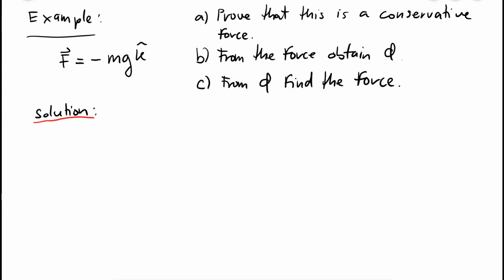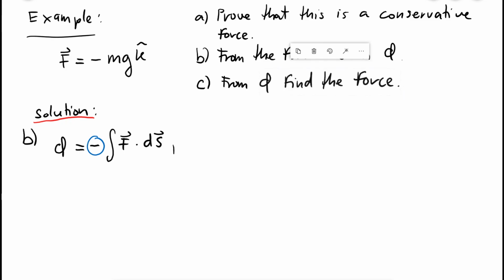Now for part B of the problem, we shall use the definition that the potential energy function is equal to the minus integral of F dot ds, right? And again, this minus sign is very important when defining the potential.